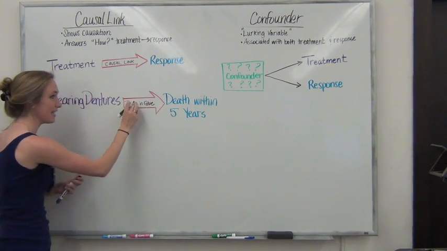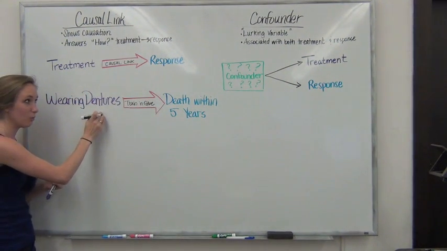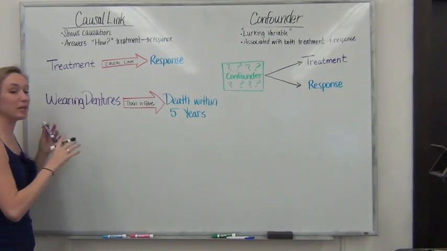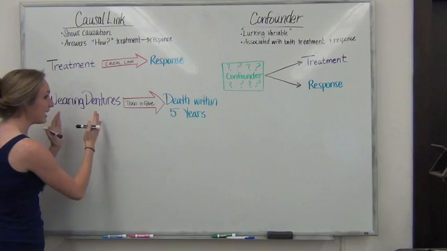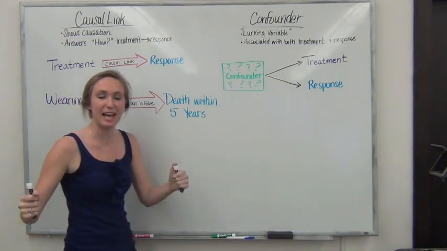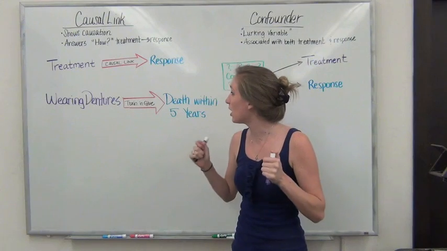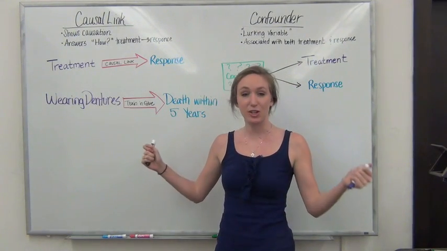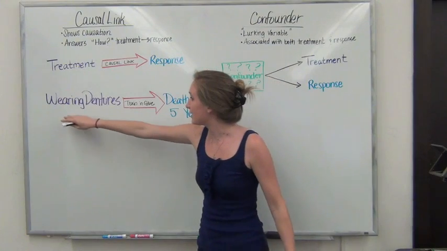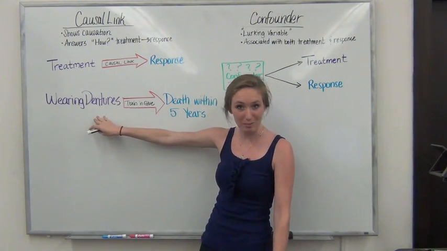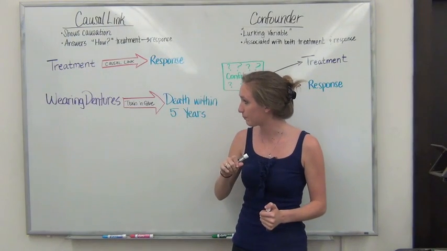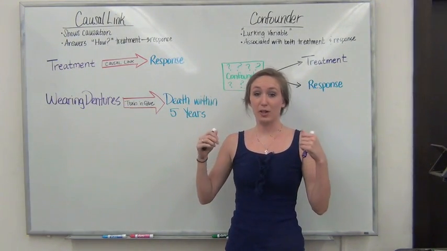And this toxin will kill you within 5 years. Rapid death. So that would be a causal link connecting A to B, how the dentures kill you. It explains the question of how, showing causation, so that the researcher can get on TV, blame this glue in the dentures, and warn people against wearing dentures because of the glue. That's how it works.